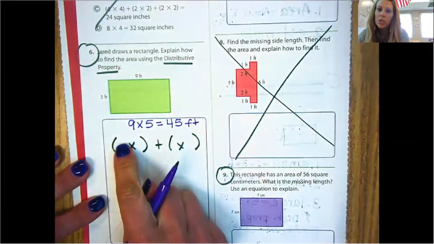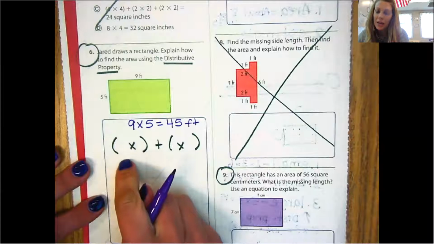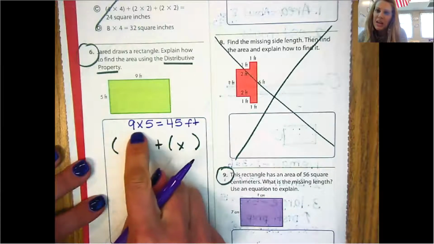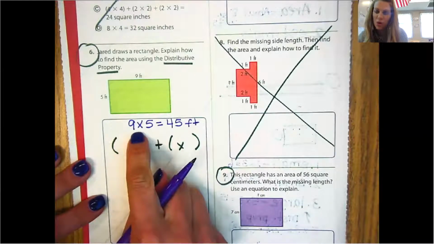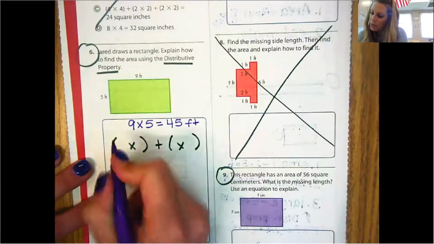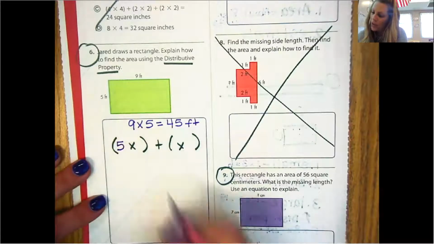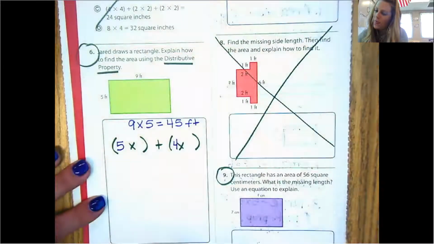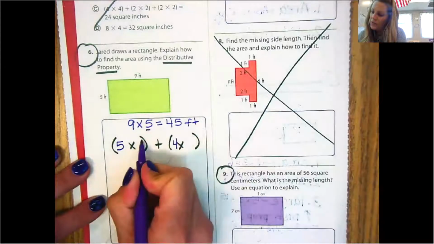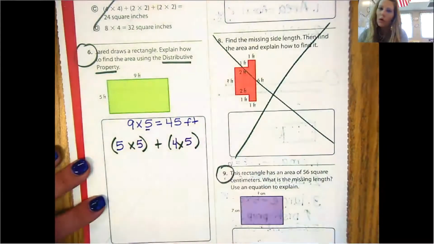So yours might not be exactly like mine, but I'm going to break apart 9 and I'm going to say 5 plus 4. 5 plus 4 equals 9. So I'm going to put 5 here and 4 here, and then I keep my 5s the same, okay?